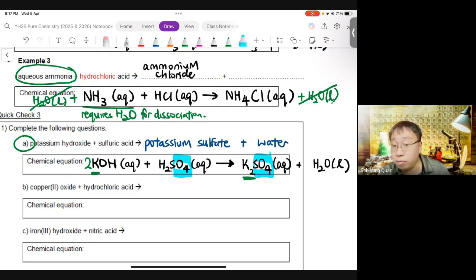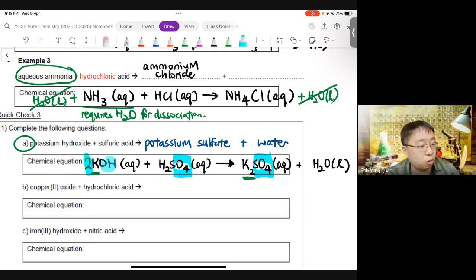Lastly, and this is the trick that I want to show you. To balance more quickly, if there is 2 KOH, that means you have 2 K, 2 potassiums. But the 2 doesn't stop at just the potassium. The 2 is in front. It's like expansion in algebra. If you put the 2 in front, it applies to everything in that group, in that package. 2 KOH means it has 2K.